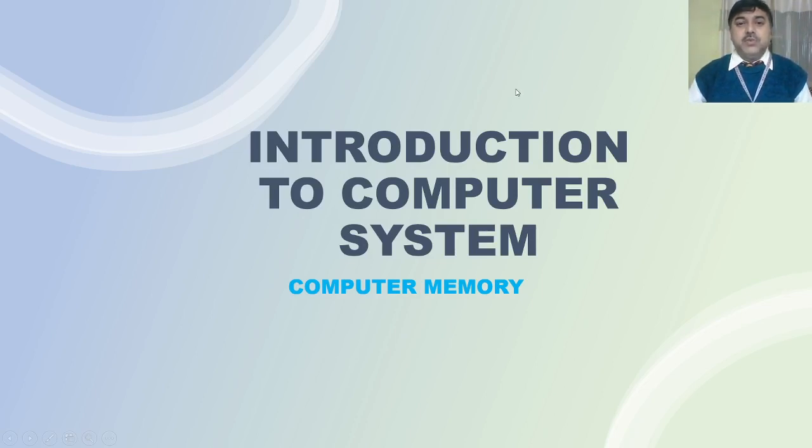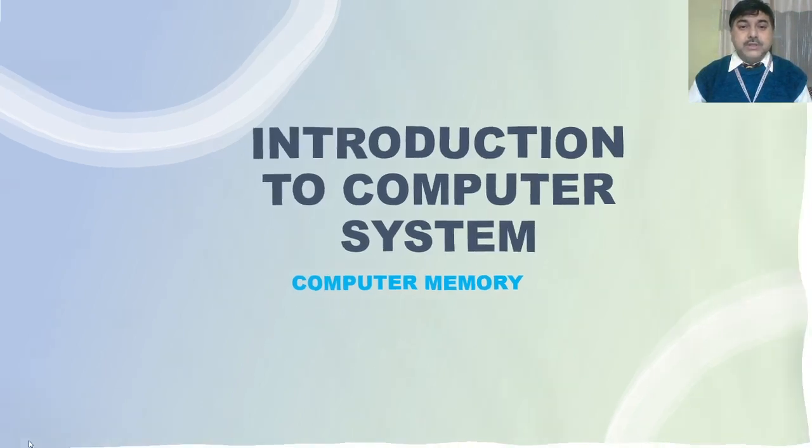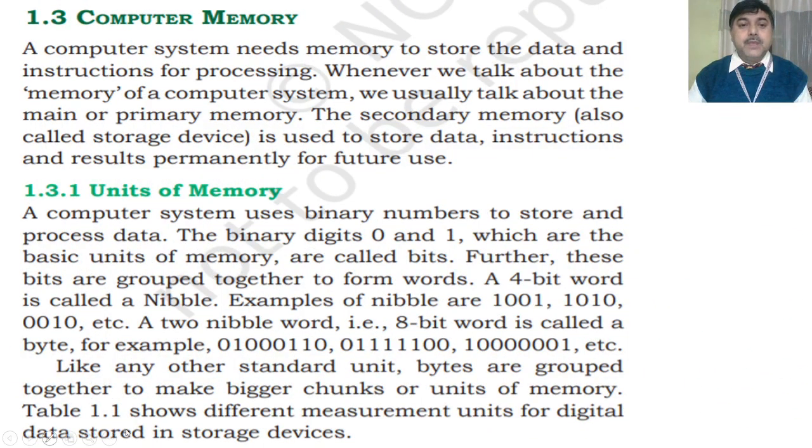Today I am going to discuss an introduction to networks. Under this introduction to computer systems and working, the topic is the memory of a computer system. What is the memory of a computer system? Computer memory: there are different types of memories available in the computer.